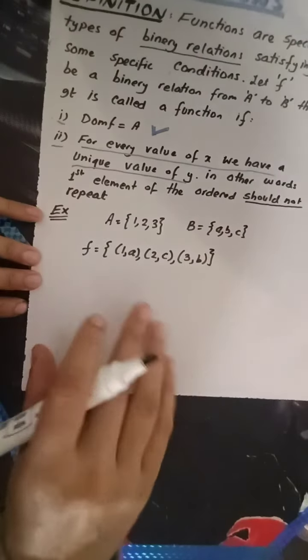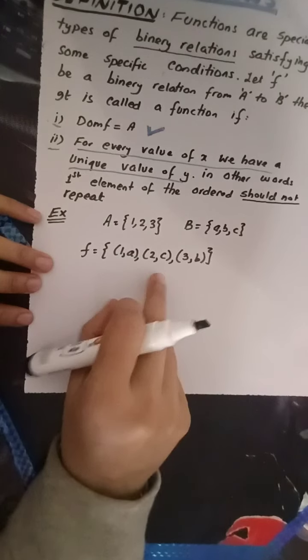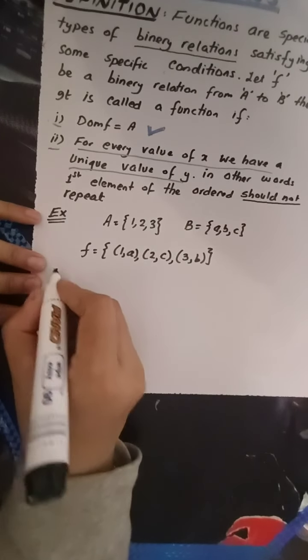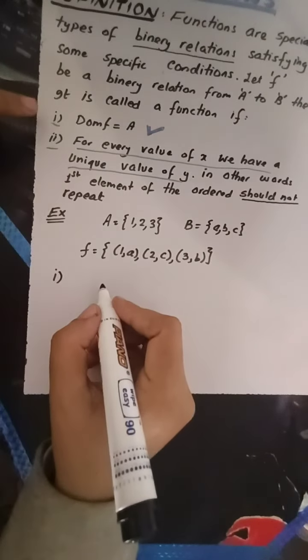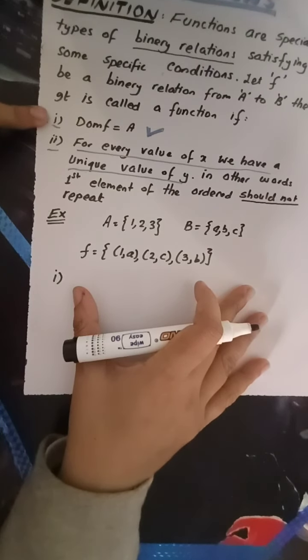Now let us check whether this binary relation is a function or not. The first thing we check is the first condition, whether the domain of this binary relation is equal to A or not.